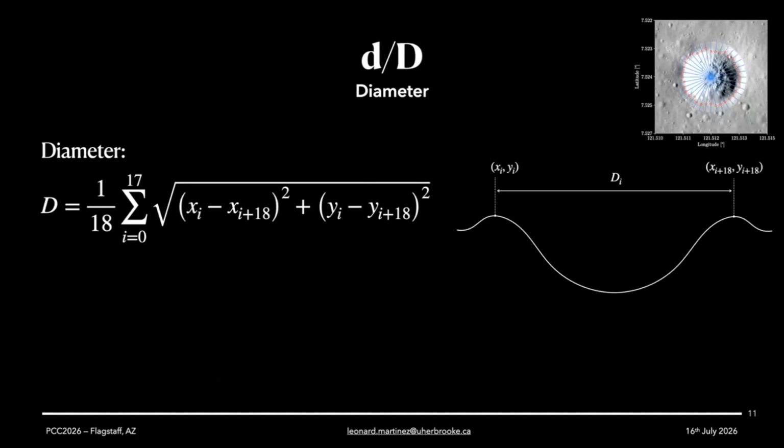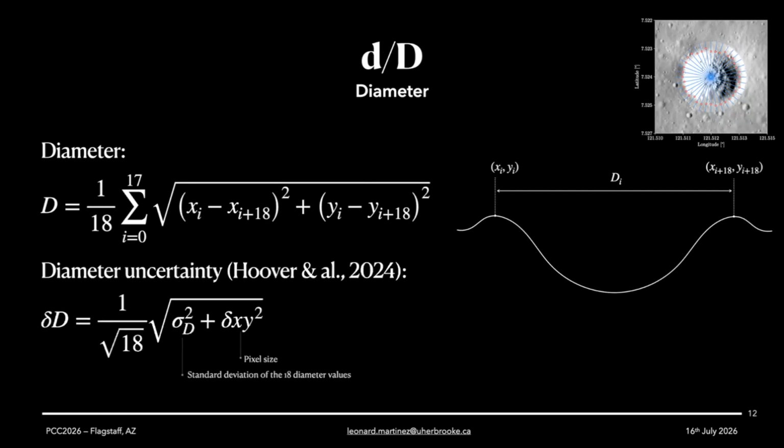This gives us 36 distances, since we have 36 profiles, and we basically took the mean of these to get the diameter of the corresponding crater. And we used the Rachel Over paper to calculate the uncertainty corresponding to this dimension.